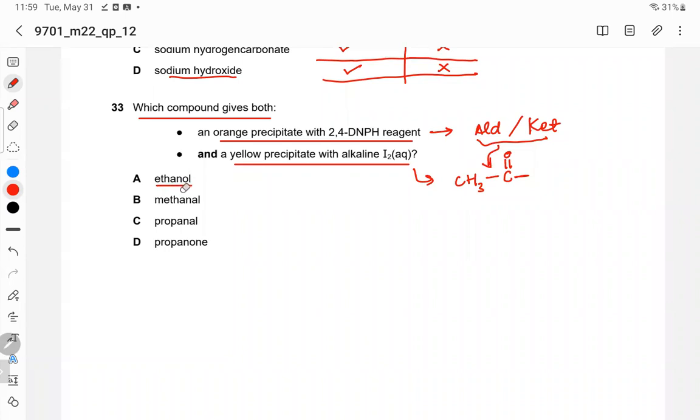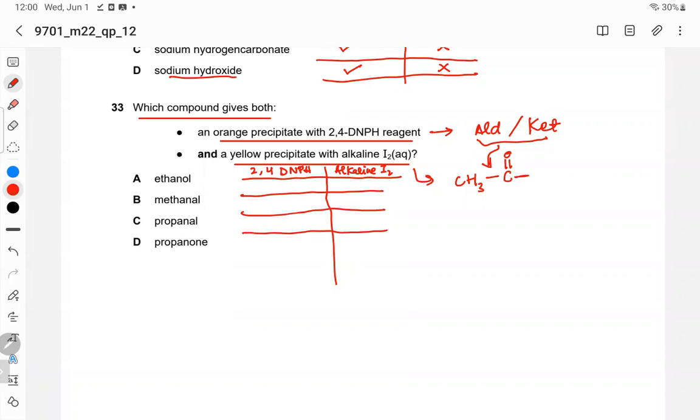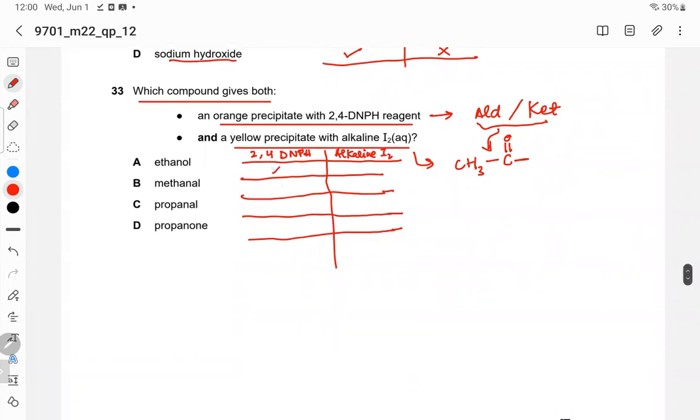Okay, now here we can also make one table as well. 2,4-DNPH and alkaline iodine with ethanol, methanol, propanol, propanone. Okay. Ethanal cannot react with alkaline iodine, but ethanol will give you the alkaline iodine test.